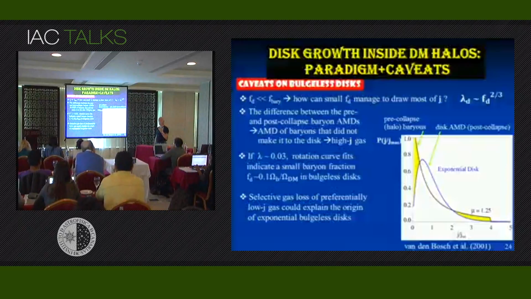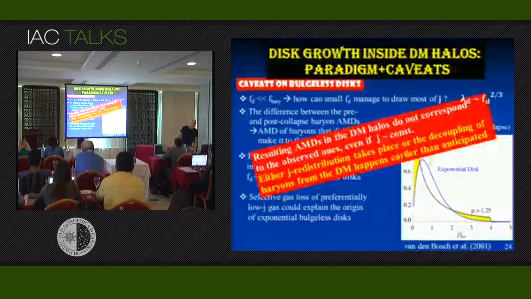And so the $100 question, as we say, is how can this small fraction of the baryons take all the angular momentum? So the grand conclusion is the angular momentum distributions in dark matter halos do not correspond to the observed one, even if angular momentum is conserved.